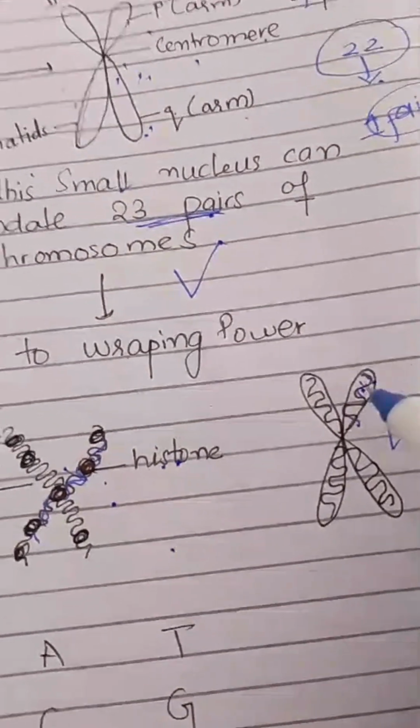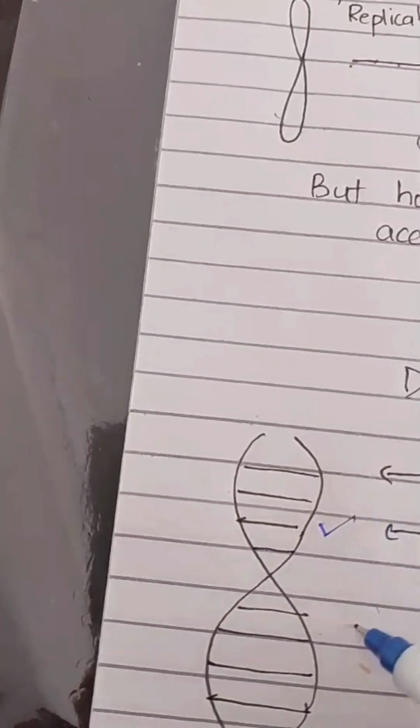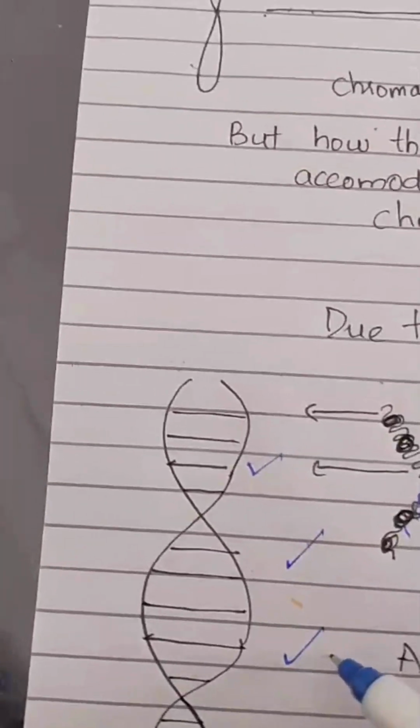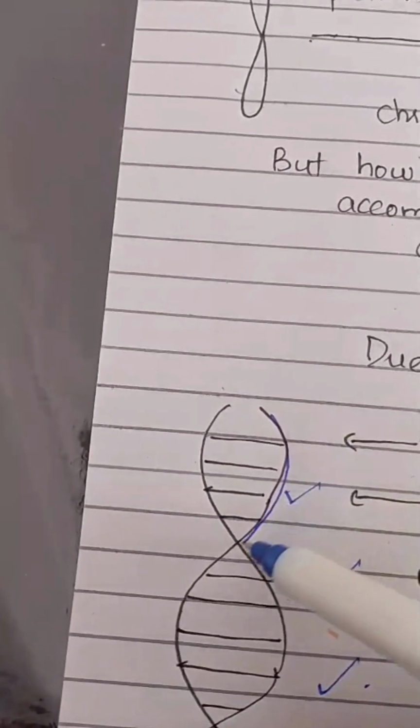If we zoom in on this structure, the DNA will be present like this. Inside the DNA we have these bases. This is like the backbone of the DNA, and these are the bases.